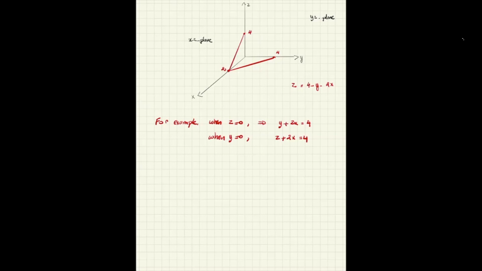Okay, and now I do the same thing for the last one. When x is equal to 0, it's z plus y equal to 4. Okay, so now it's 4, 4. Makes sense, right? So when z is equal to 0, y is equal to 4. And when y is equal to 0, so it's a line that goes through these 2 points here, right?